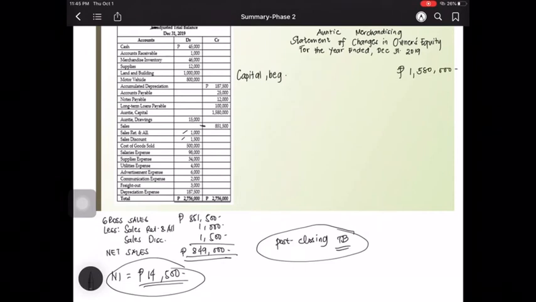This is the amount of capital that would be changed by the elements that we were able to identify a while back. So what are the elements again that will affect an increase in the amount of our owner's equity? We have here either additional investments, right?